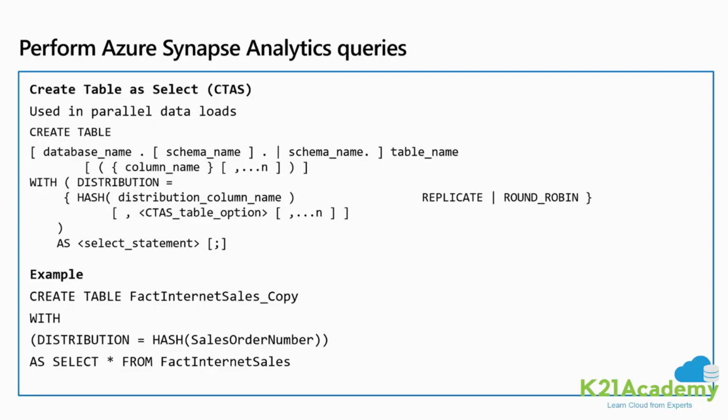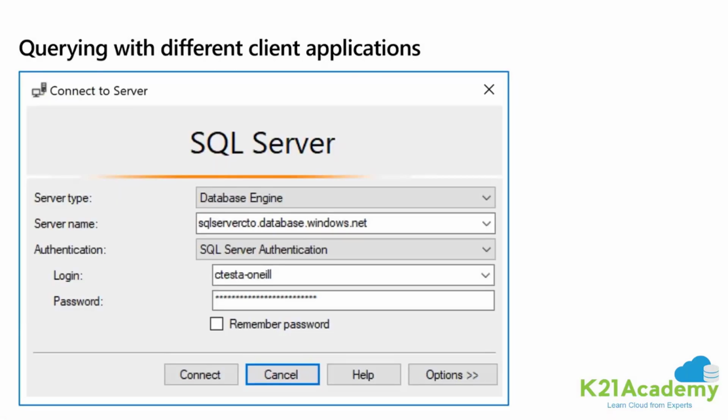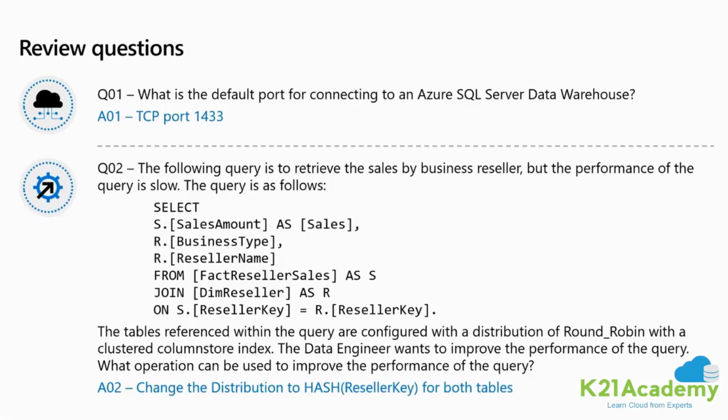One example over here: create table FactInternetSales_copy with distribution hash distribution by the column SalesOrderNumber, and the data will be inserted with the help of SELECT * FROM FactInternetSales. You can use SSMS to connect and query Synapse.